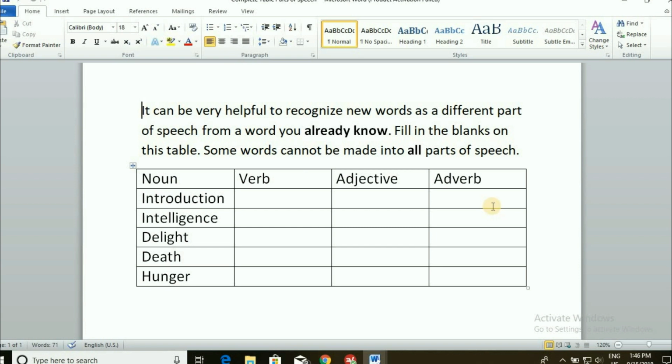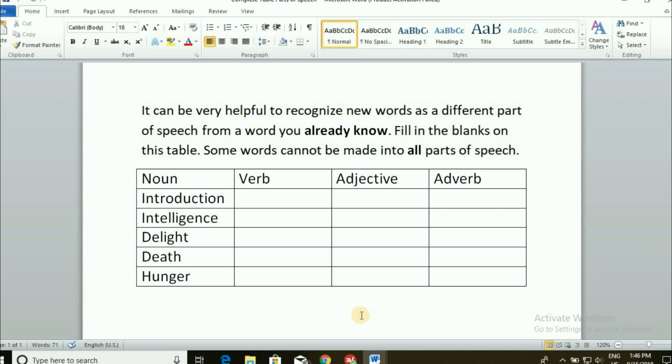Let's say you are studying vocabulary and you learn 10 nouns. It is possible you've actually just learned 40 new words instead of 10, because you may be able to change these words into verb, adjective, and adverb as well.